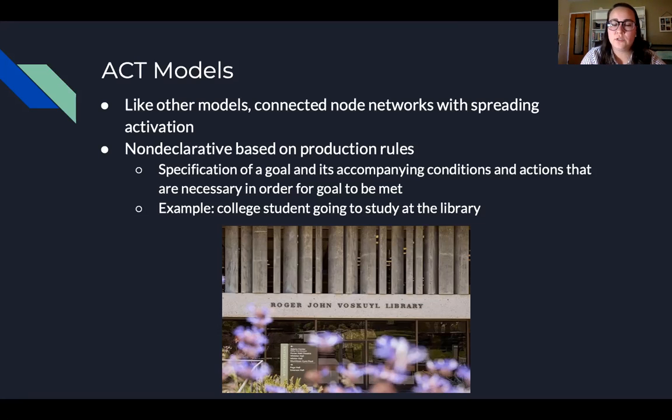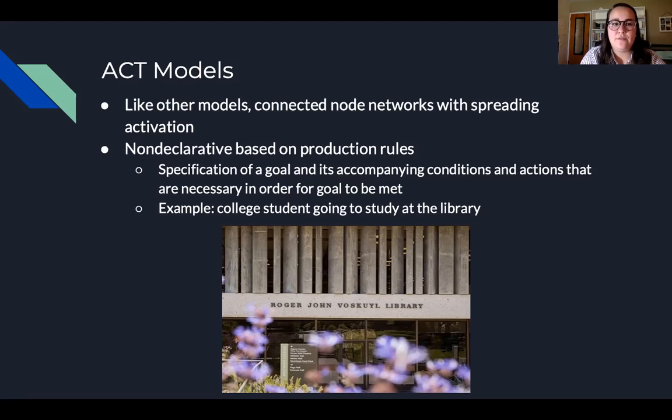Production rules essentially specify a goal that's to be achieved, as well as the necessary conditions and actions that are needed for that goal to be met.